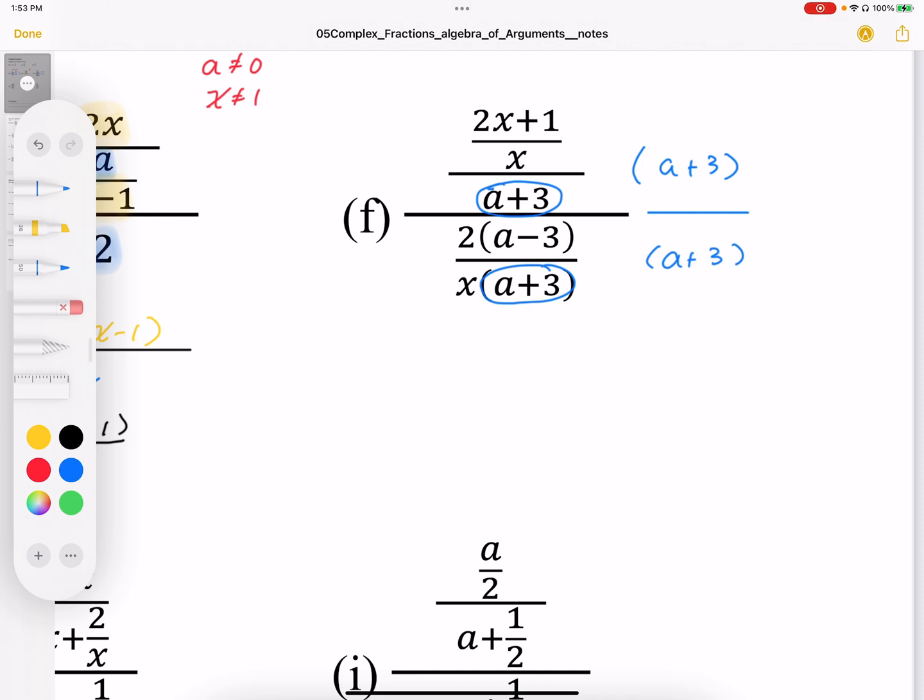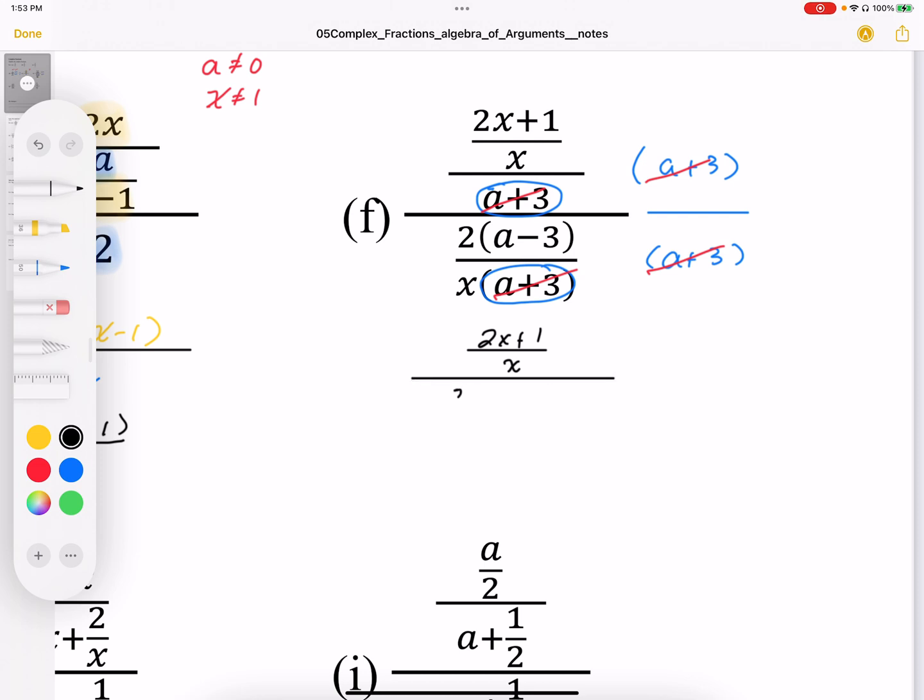And this is going to allow me to cancel out some factors. So when I cancel these out, I just have to be a little bit careful what I have left. So I'm going to have an a plus 3. A plus 3's will cancel. Here and here, here and here. So then I'm going to do this in steps. So right now I have 2x plus 1 in a complex fraction with a denominator of x, my main divisor.